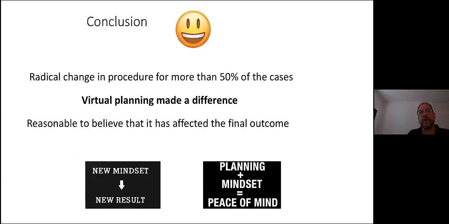Okay, over 50%. And it's reasonable to believe if you get a better anatomical position, the outcome should be better functionally also. It can't be bad to be normal, I think.